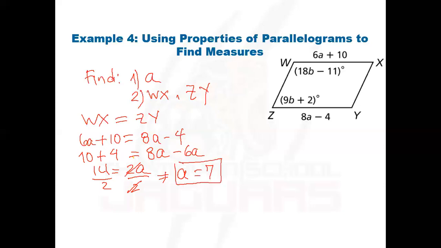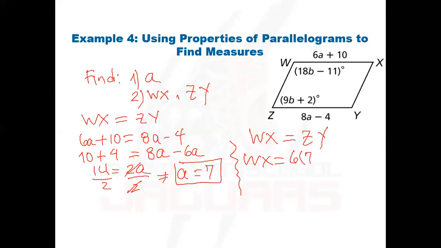Now, let me find the measure of the segments. I know WX is the same as the measure of the segment CY. So if I find one of them, I will find the other one. So let me say WX equals 6a plus 10. Let me replace the value here, that is 7.